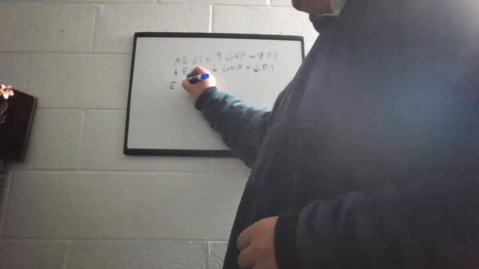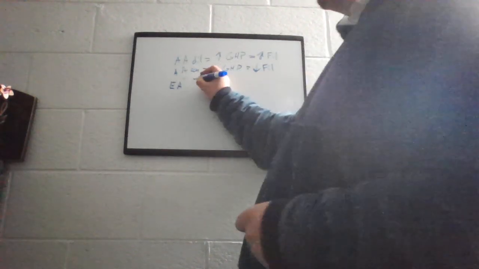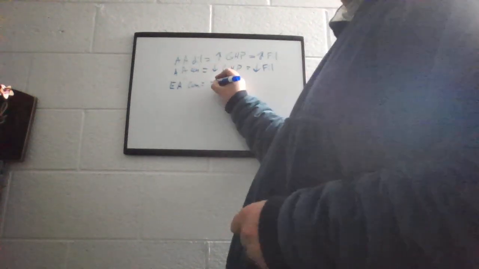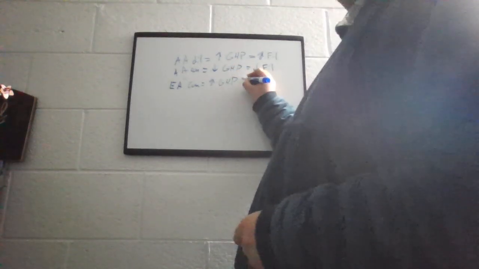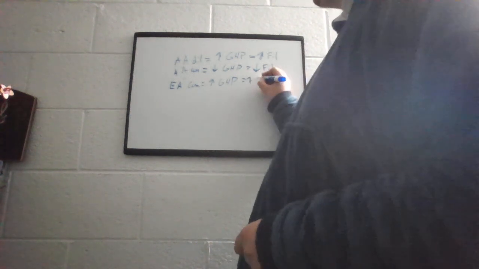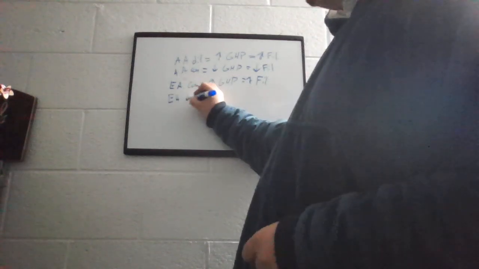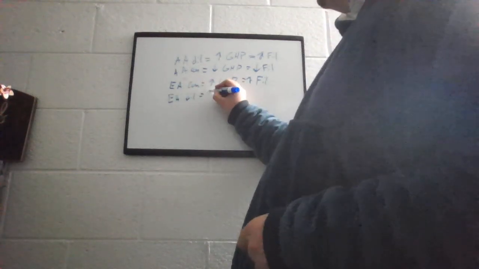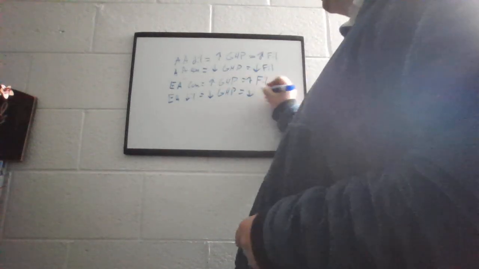Efferent arteriole constriction will increase GHP and then increase filtration. Efferent arteriole dilation will decrease GHP and decrease filtration.